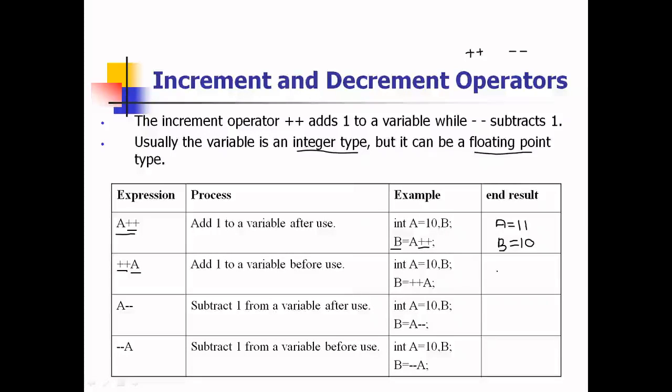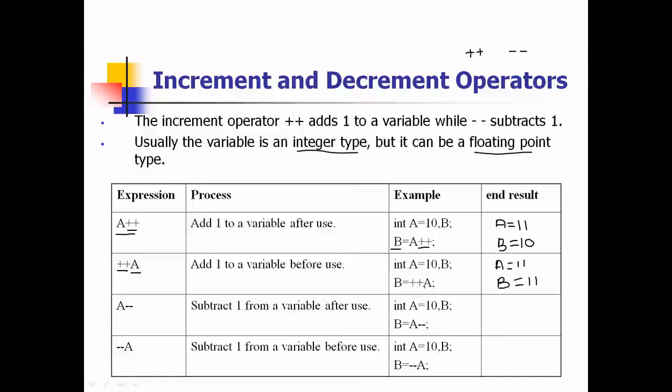Here the end result will be the value of a is equals to 11, whereas value of b is equals to 11, because this is pre-increment, this is not post-increment.